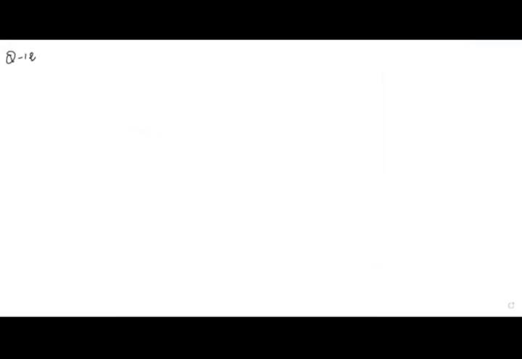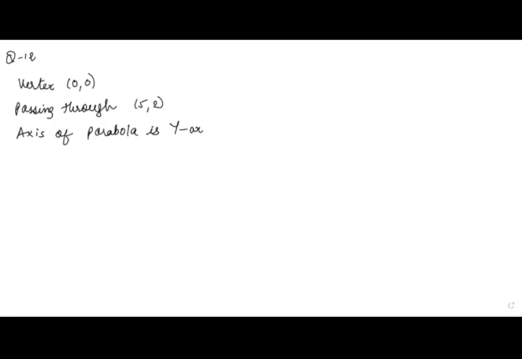Question 12. The vertex of parabola is given 0 comma 0, and it is passing through 5 comma 2, and it is also given that the axis of parabola is y-axis. Try to understand the statement given.